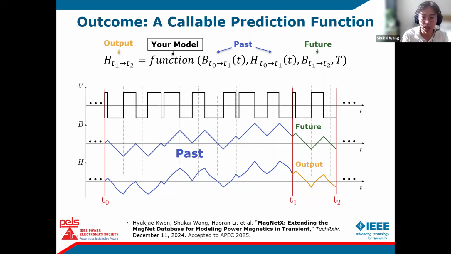This model may be in the form of a function that takes in inputs of B and H, and gives you the next step H, because we want this to be autoregressive. At this point, the teams should have some sort of function that's able to produce this.